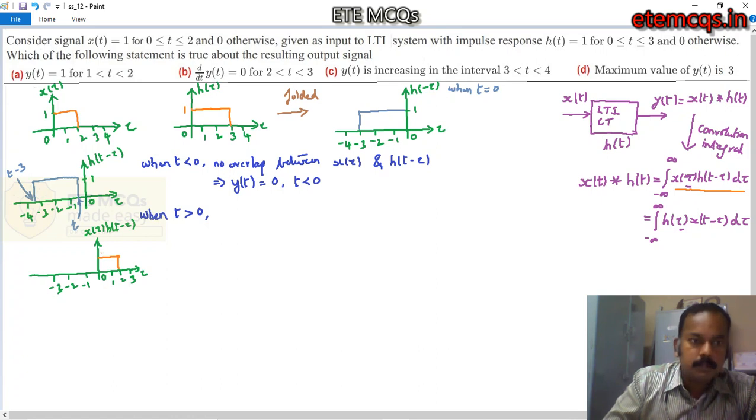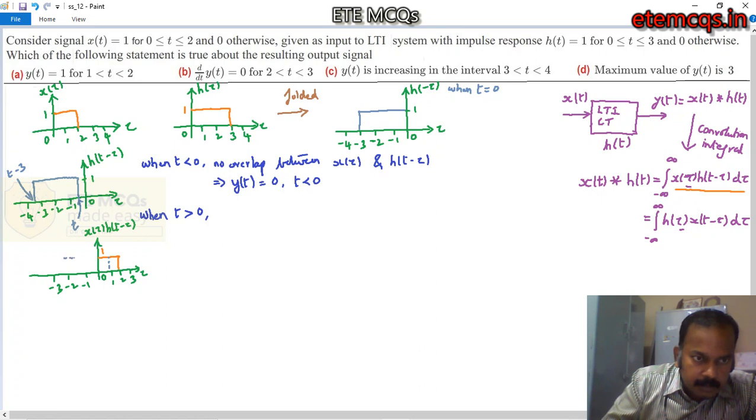This is how it is, with an amplitude of 1. The signal h of t minus tau is shown by a dashed line. Here t is somewhere between 0 and 1.